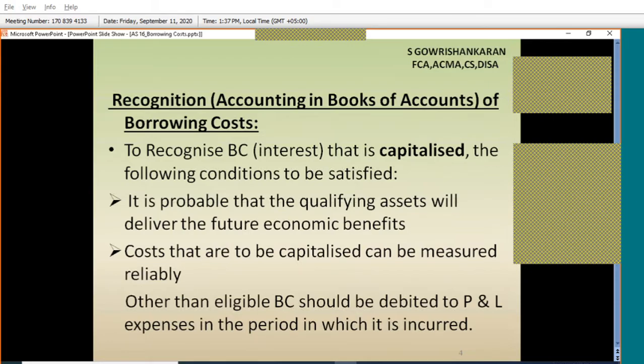If eligible is not there, then it should be debited to P&L in the period in which it is incurred. Okay? I'll go to the next slide now. I hope you understood.